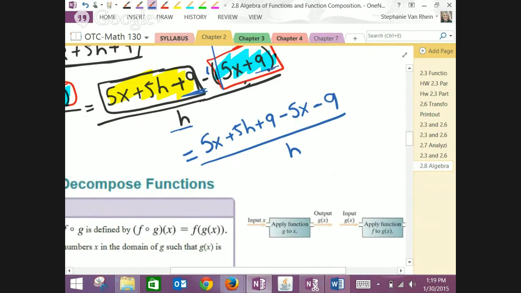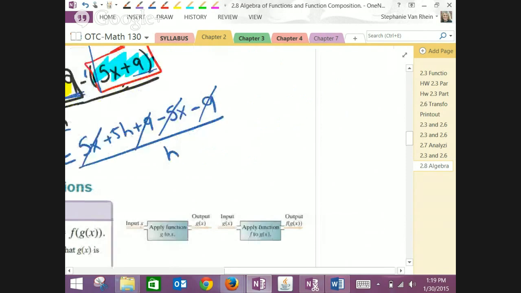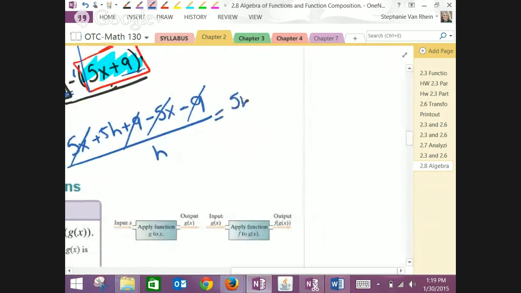And I've already told you every term that does not have an h in it will cancel. So that's just another helpful reminder to distribute that negative. Now my plus 9 and minus 9 cancel. My minus 5x and my plus 5x cancel. And I'm left with 5h over h. That cancels to 5, which is exactly what we expected, right?